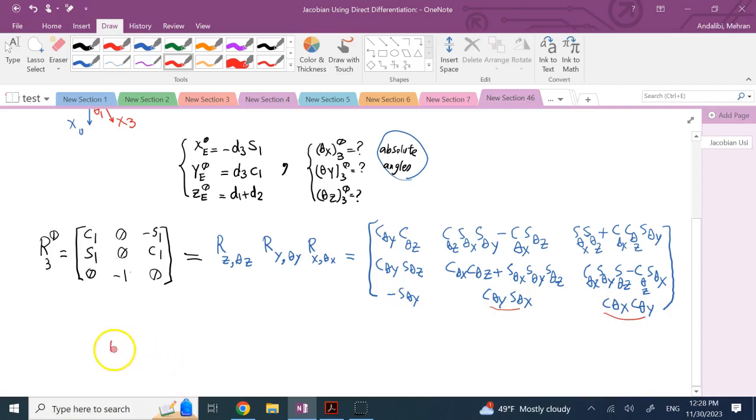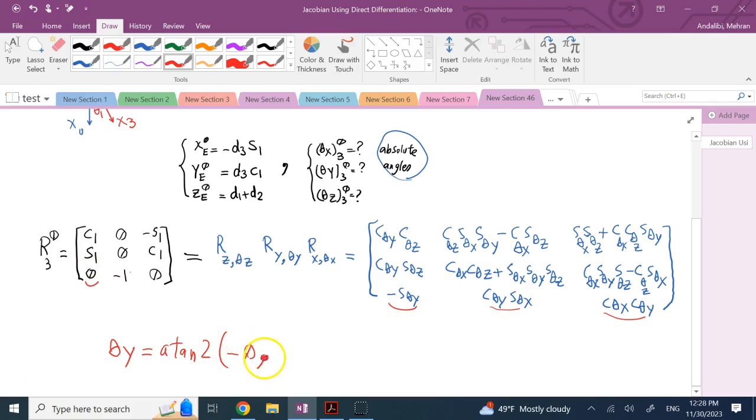So I can say that theta y is going to be what? Is going to be arctangent 2 of what? Basically negative of this element. And what is that element? That is this guy here. So it's going to be negative of that 0.